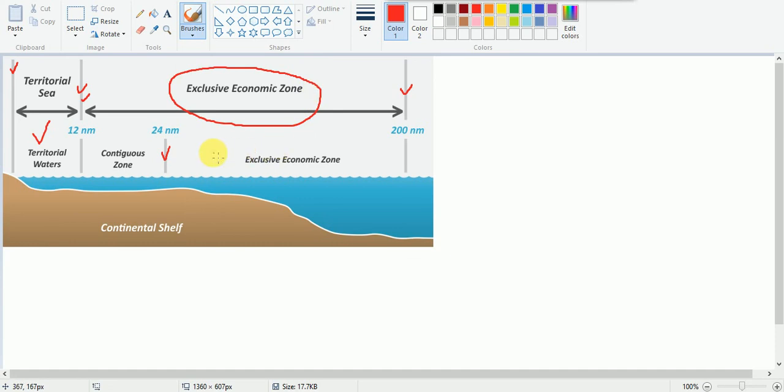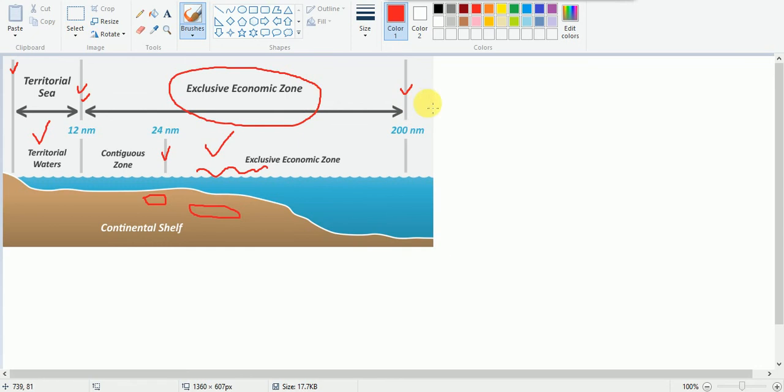In this zone, the country can explore anything and utilize whatever is found here. Maybe some resources like manganese nodules, natural gas or petroleum may be found here. All these resources can be utilized, and energy can be harnessed from the sea waves and from the wind within this exclusive economic zone.